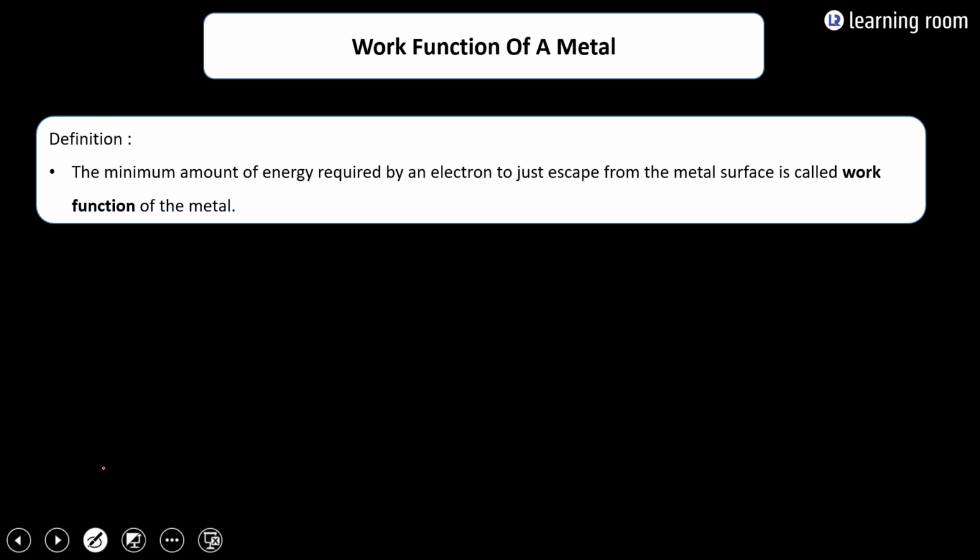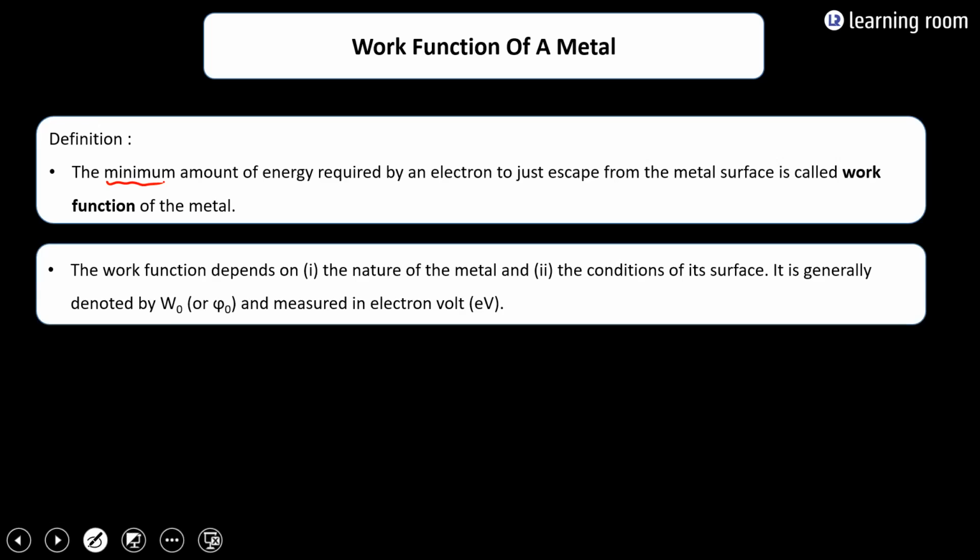A point to be noted here is to underline the word minimum. It is not maximum, it is the minimum energy that is required. Only if a value equal to this or slightly greater than this is given, the electron will come out. Next, the work function of a metal depends on the nature of the metal, and the second thing is it depends on the condition of its surface.